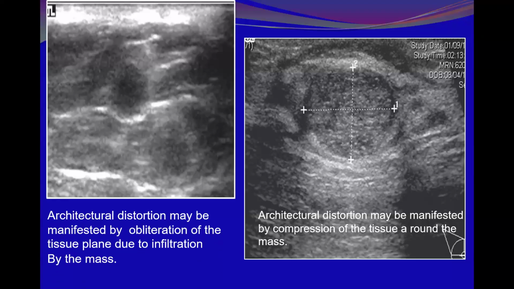While this one, okay, obliteration. This is compressing, but this is obliteration. We cannot make an exact difference between the normal tissue and abnormal tissue here.